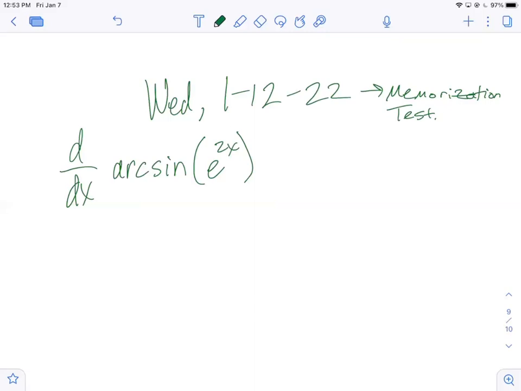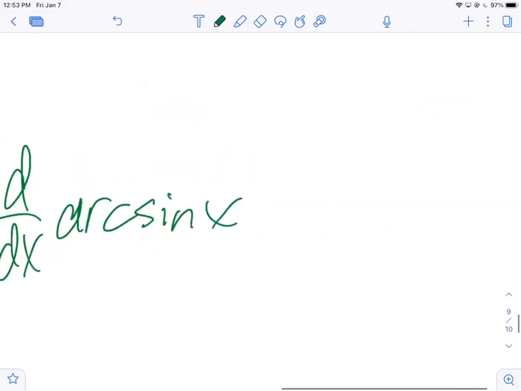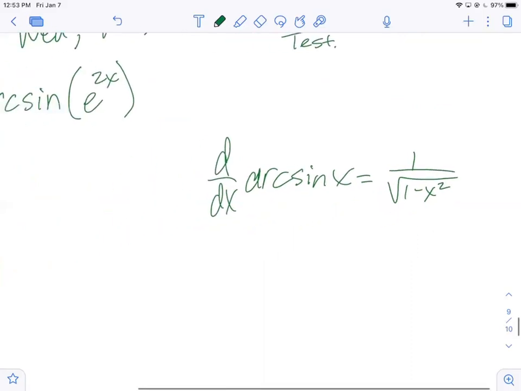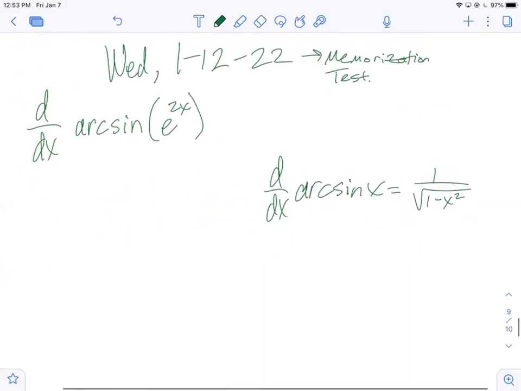I wouldn't put one like this because this is a combination of skills. But I might do this. What's the derivative with respect to x of arc sine of x? And you would be like, oh, it's 1 over the square root of 1 minus x squared. Boom. Or what's the derivative with respect to x of e to the x?